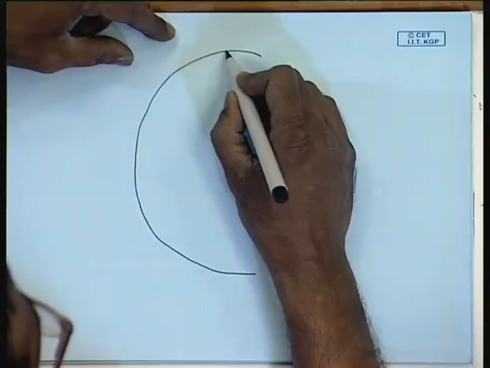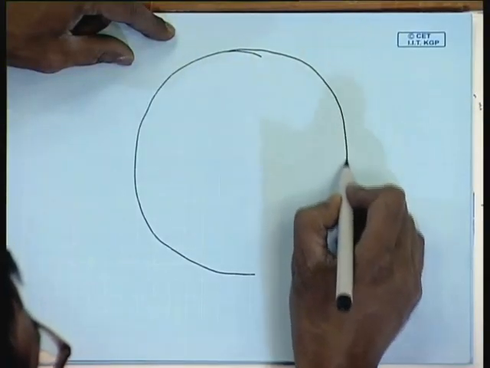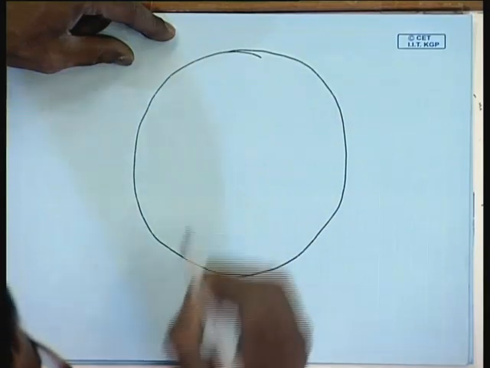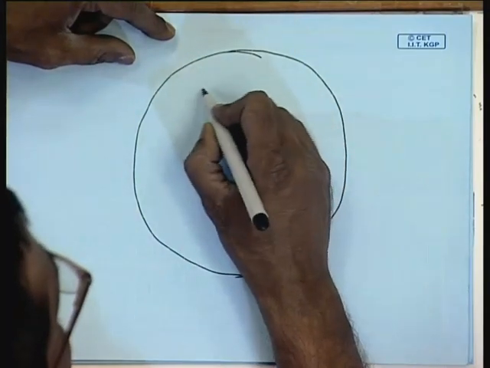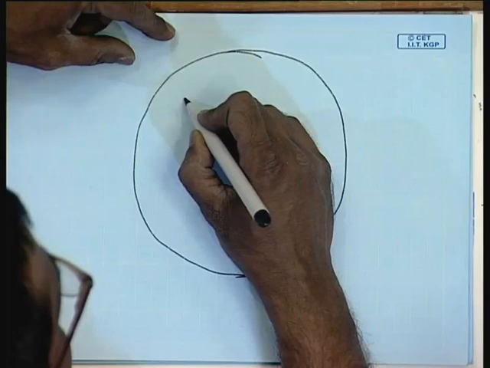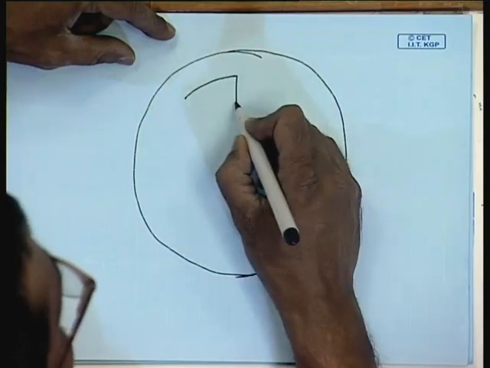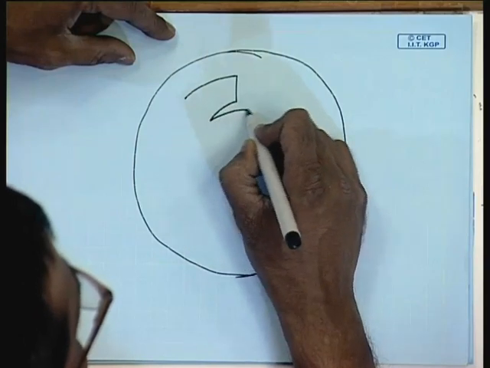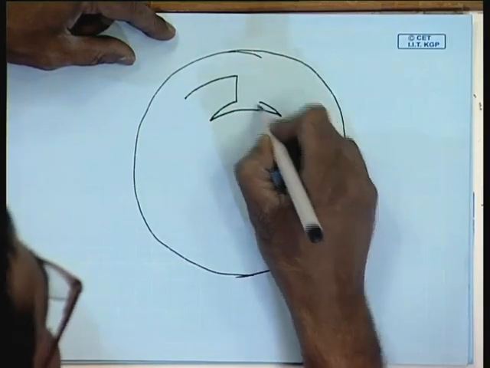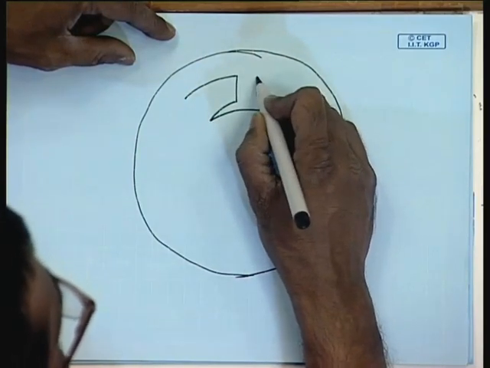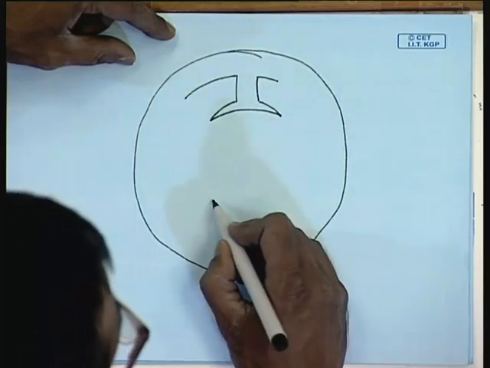So, let us see the construction of the cross section of a DC machine. As I mentioned earlier, there are two fixed poles. For simplicity, we are assuming only two, can be more.